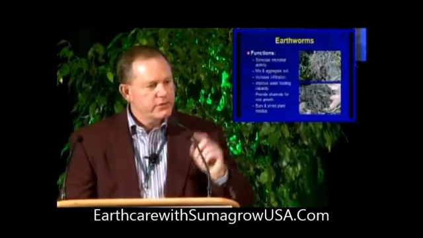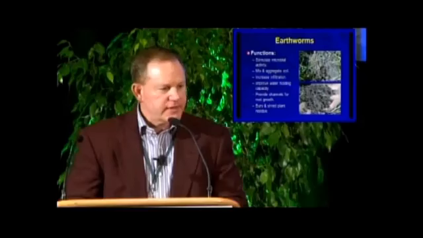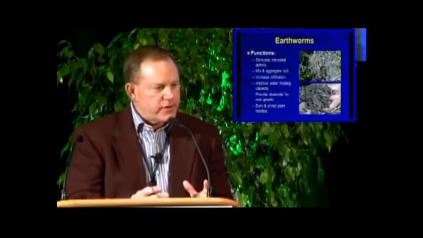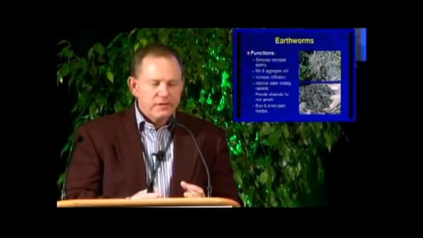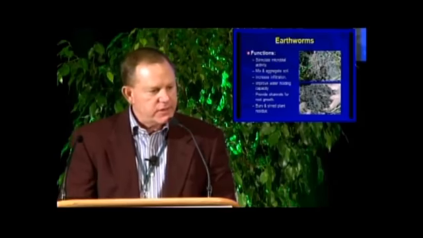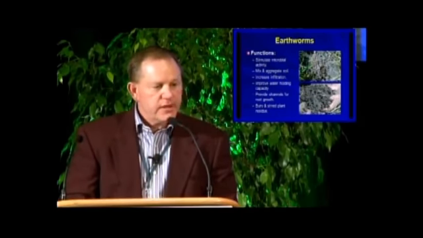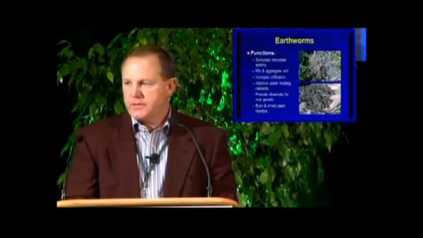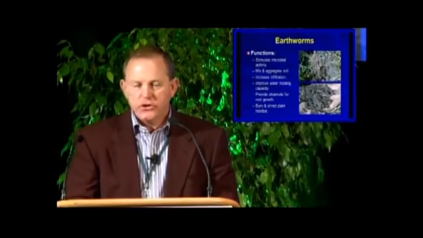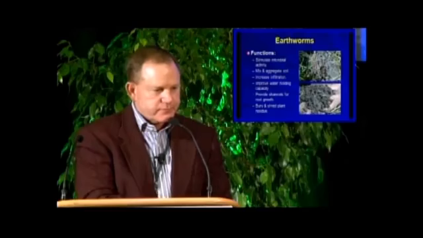And what do they do? They stimulate microbial activity. They mix and aggregate soil. They improve infiltration. They improve water holding capacity. They provide channels for root growth. And they also bury and shred plant material and create new organic matter.